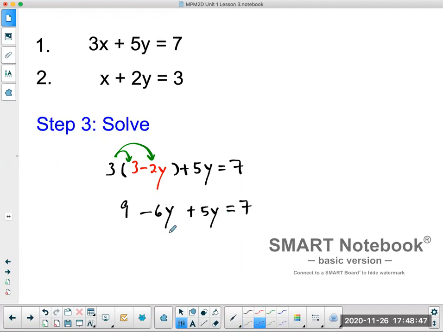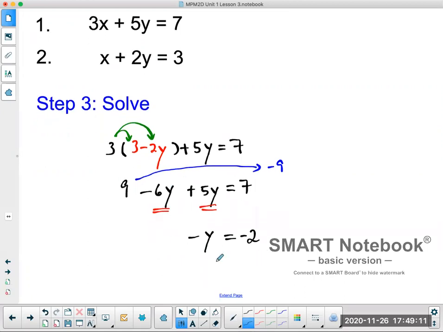Combining all the y's together, collecting like terms, negative 6y plus 5y would give me negative 1y. Here, I'm going to bring the 9 to the other side. Again, switch side, switch the sign. So 9 is going to be minus 9. 7 minus 9 is going to be negative 2.